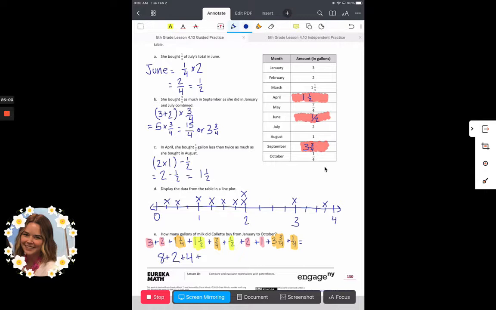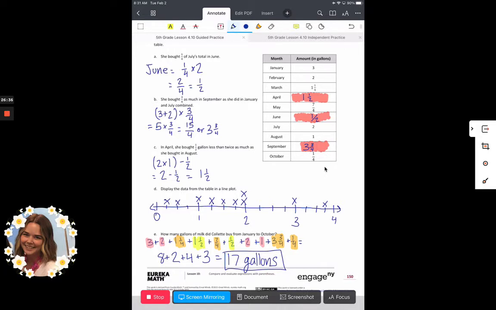That's going to be equal to 8/4 is equal to 2, plus that 1 gives us 3. So 1 and 8/4 is going to be equal to 3. And then we just add them all together. 8 plus 2 plus 4 plus 3 gives us 17 gallons of milk.